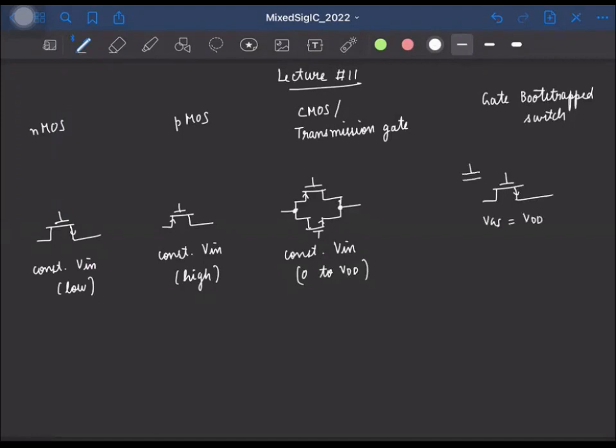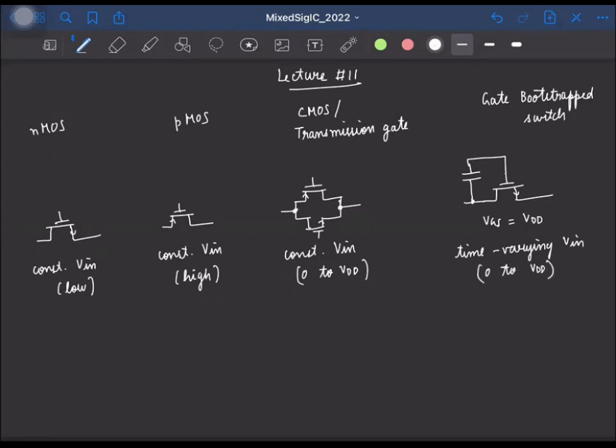So I'll simply represent it by showing a capacitor like this. And this can be used to sample time varying Vin, again ranging all the way from 0 to VDD.